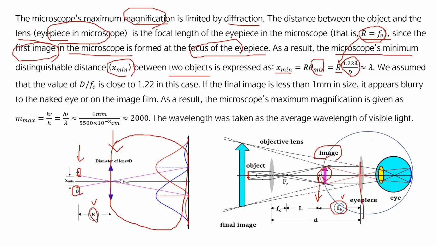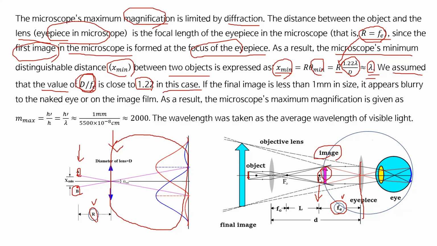We assume that the value of Fe over D is close to 1.22, so we can cancel out this 1.22, then we have the number.